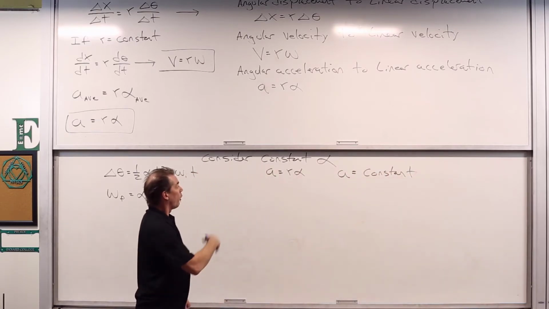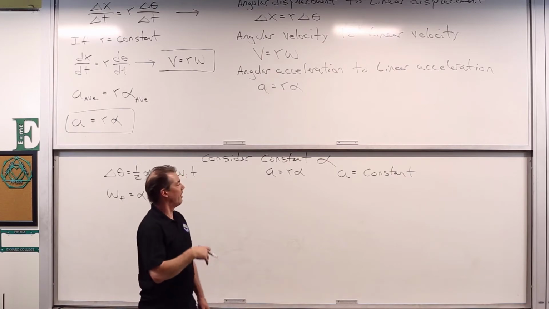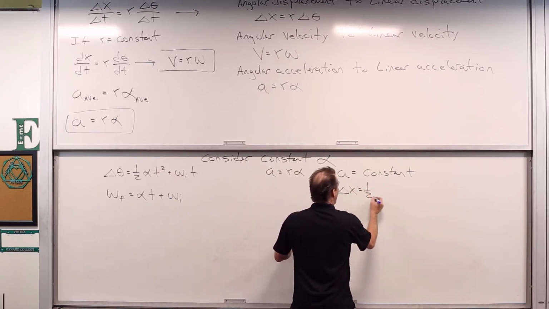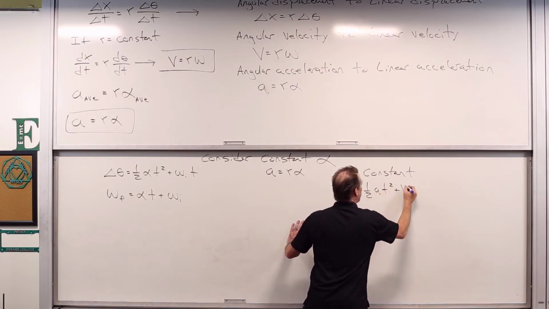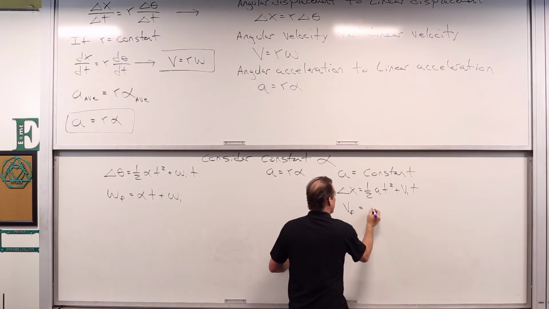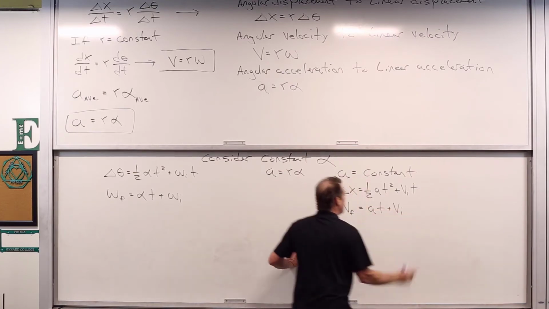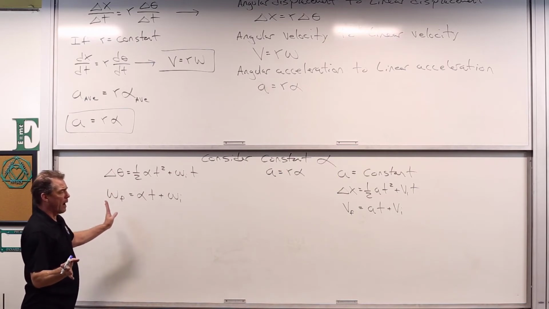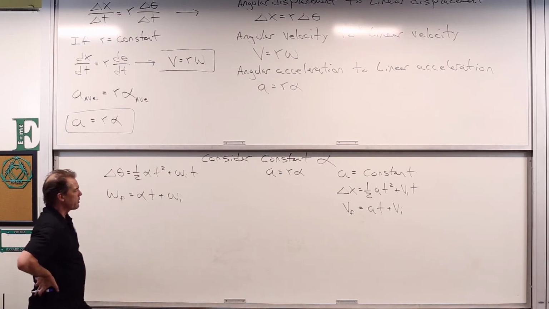And we can write out the equations of motion for constant linear acceleration, where we have delta x is equal to 1/2 a t squared plus v_i times t, or v final is equal to a t plus v initial. Again, they have sort of the same form, right? Well, what else do we have?